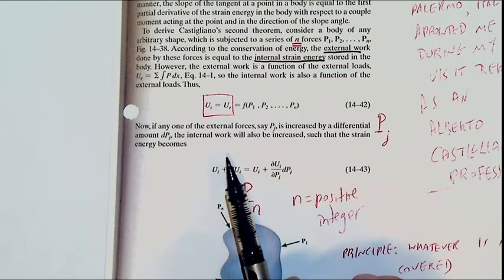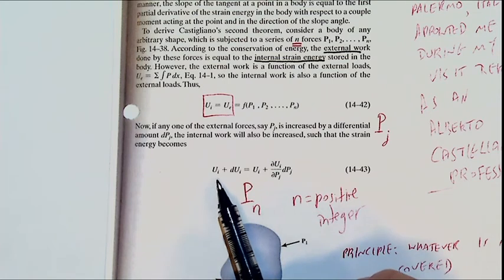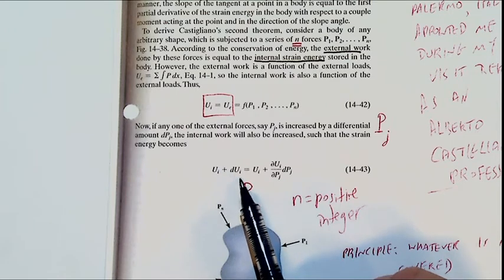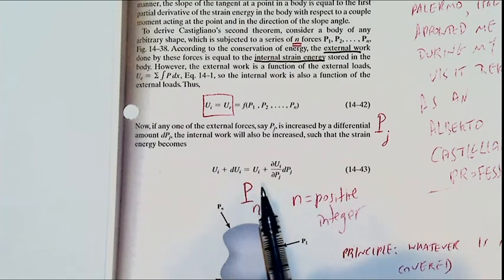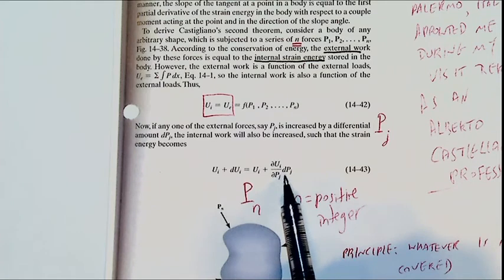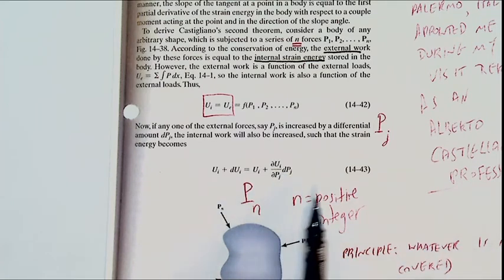The internal work also will be increased, such that strain energy becomes, look please, we had U sub I, strain energy was internal, U sub I. So it will get an increment dU sub I. So what is this? That is U sub I plus derivative, that is a rate of change, times the change of the load. So that is very, very simple. So we write this expression. Now we continue.